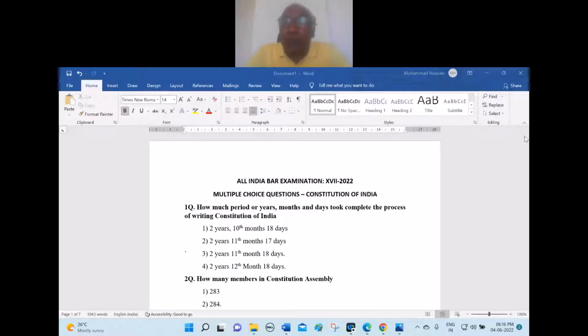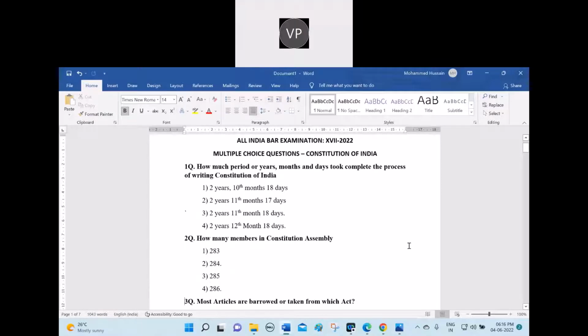Second question: how many members in the Constituent Assembly? Number 1, 283. Number 2, 284. Number 3, 285. Number 4, 286. How many members in the Constituent Assembly when they were writing the Constitution draft? Which one is the correct answer? 395.